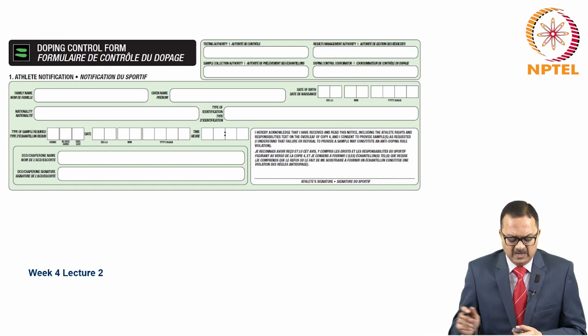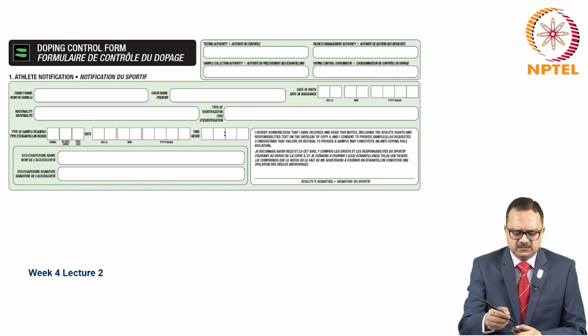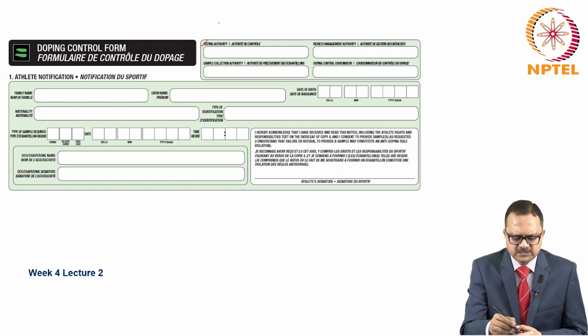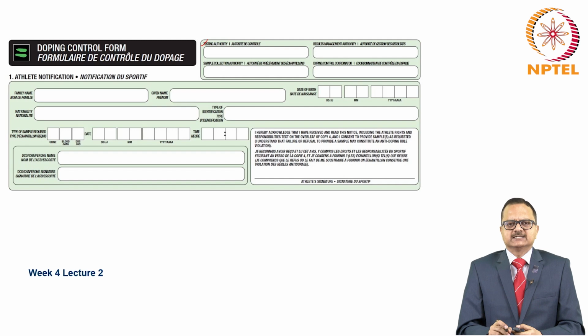Part 1, athlete notification. So you should always start with the testing authority. Generally, the agency which has asked for the test is the testing authority. Now, the result management authority and the testing authority generally are the same. In rare cases, they may be different.